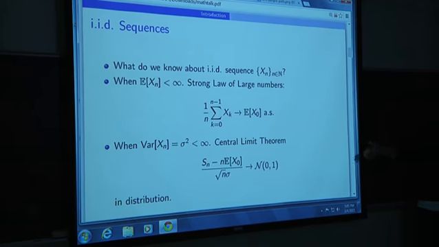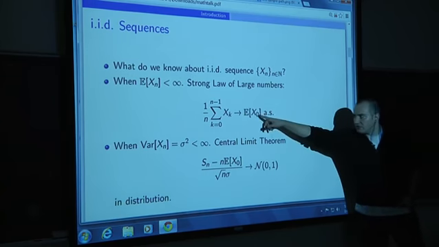We have first those two famous results that we see in Probability 101. If the first moment, or the expectation, of X_n is finite, and since they all have the same distribution, all of them will be finite, I have the strong law of large numbers.